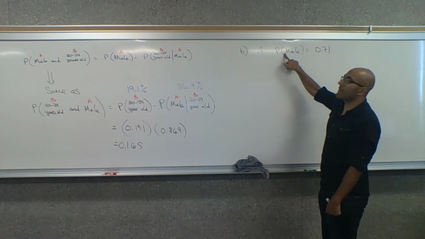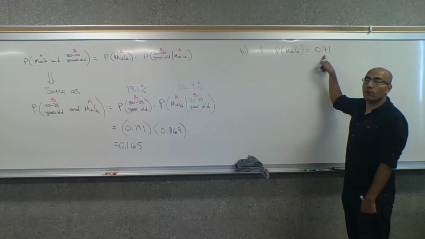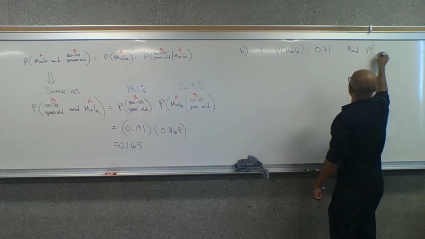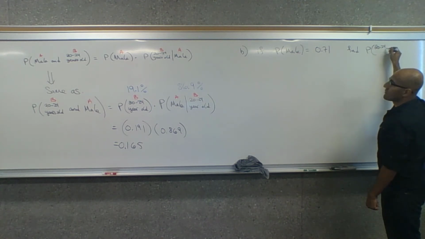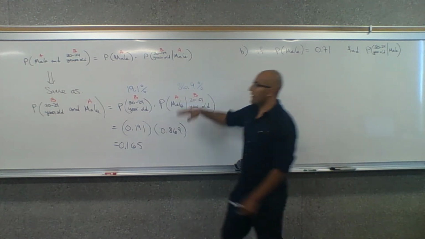So let's say that this is part of the word problem. If the probability that a murder victim in 2005 is male is 71%, find the probability that it's a 20 to 24 year old given that they're male. Okay? All right, so now let's look at this flow chart here.